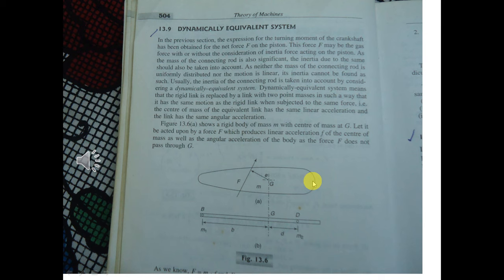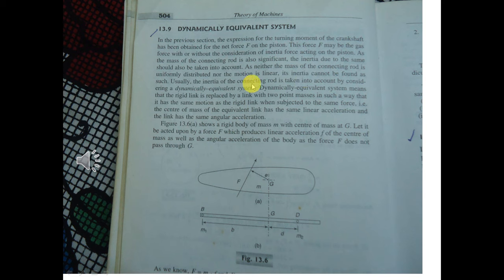Inertia forces are due to the mass of the components as well as due to its acceleration. These two factors contribute to the formation of inertia forces, or what you call disturbing or resistance forces. Since the connecting rod shape is quite typical, I repeat, this area has a lesser mass compared to this area. That is what is being said here.